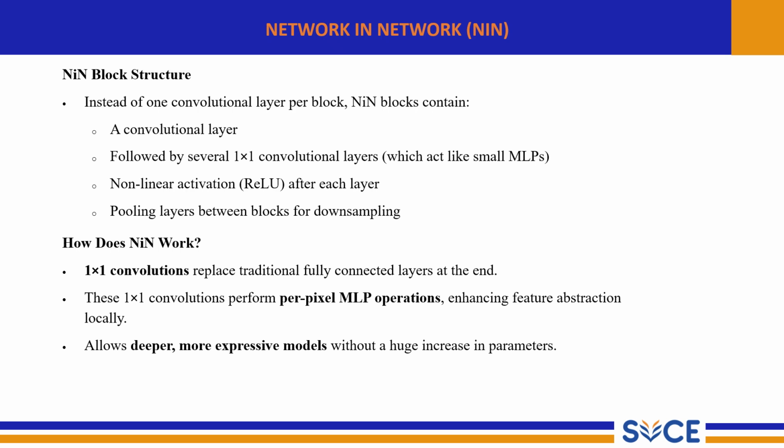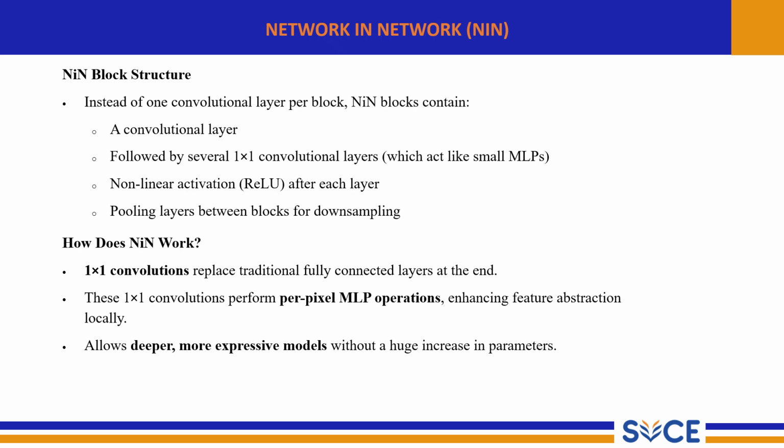Now, how does NIN work in practice? At the end of the network, one-by-one convolution replaces traditional fully connected layers. These one-by-one convolutions perform per-pixel MLP operations, which enhances feature abstraction locally across the spatial dimensions.